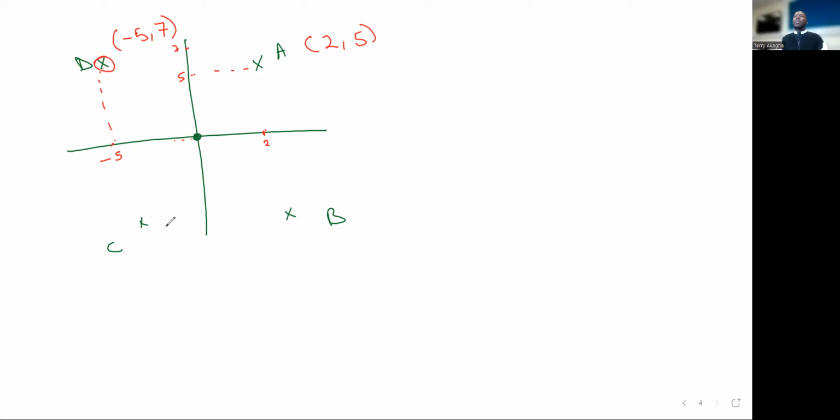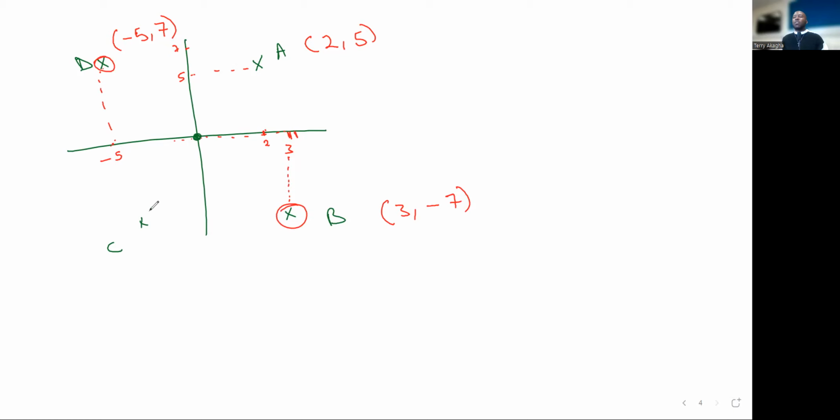D. Okay? The same thing, when you're told B is, let's say, 3 and minus 7, what's it saying? Move 3 units to the right, positive 3 units. Then when you get to 3 units, move 7 units downward, like the negative, and then it will give you what?